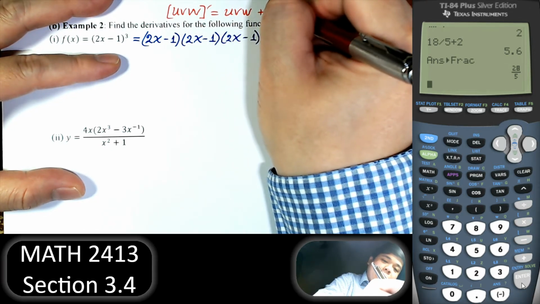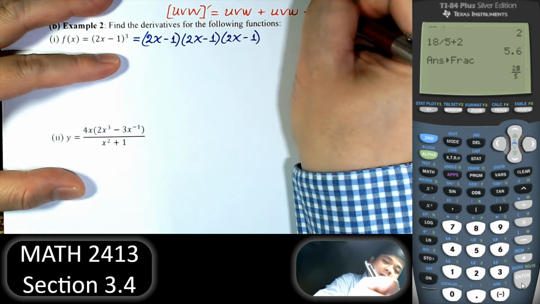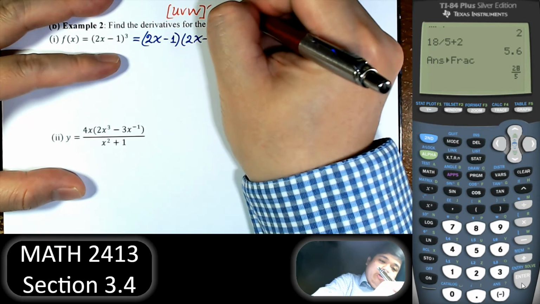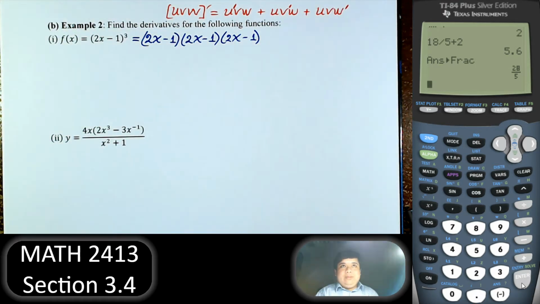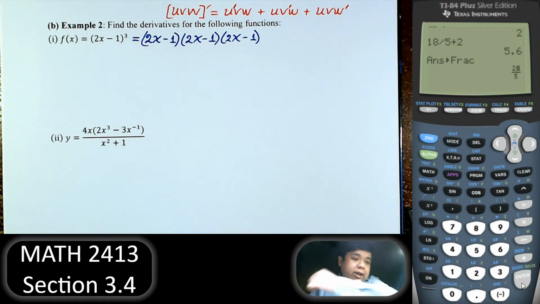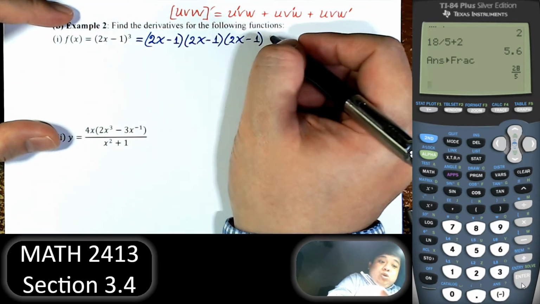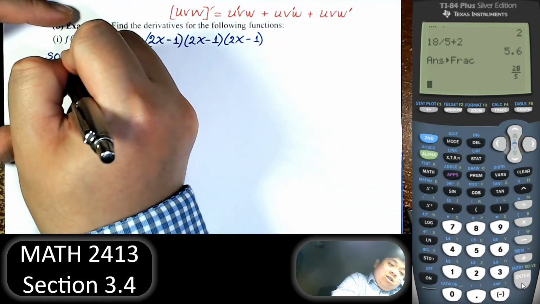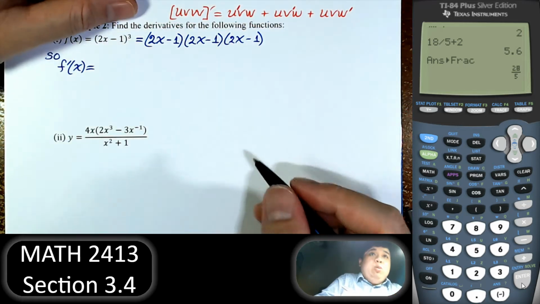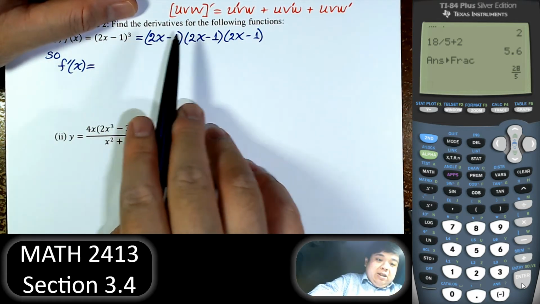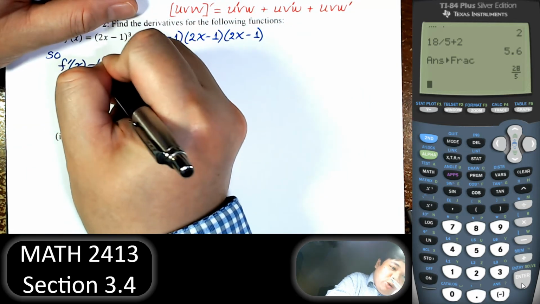There will be 3 of them, right? Where the derivative will go to the first, the second, or the third. Now, we don't need to multiply it out though. We just say that the derivative will be, there will be 3 of these, right?